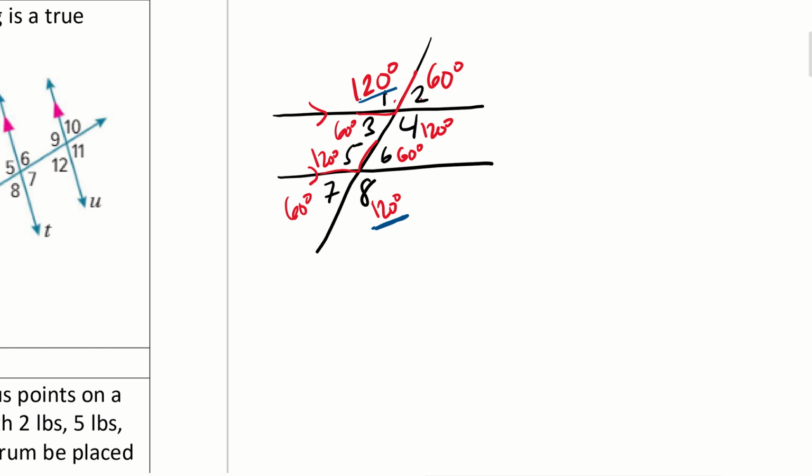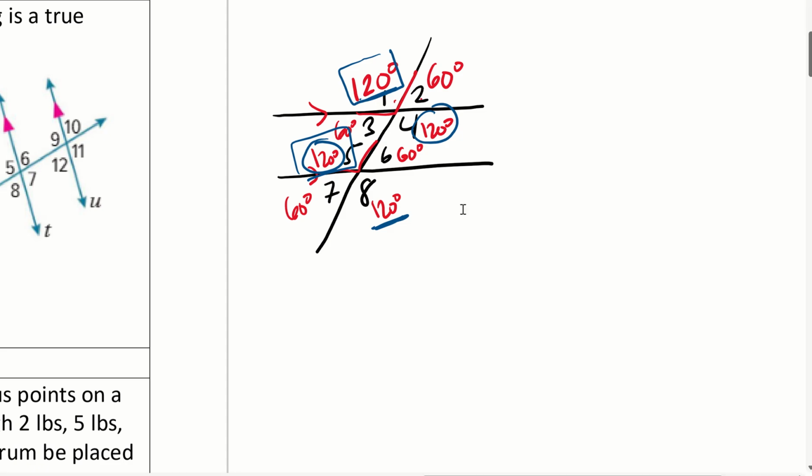We can see that angles that are on the inside but switch sides are the same. And we can see angles that are corresponding, like for example this one and this one, where they're the same type of angle, are the same.